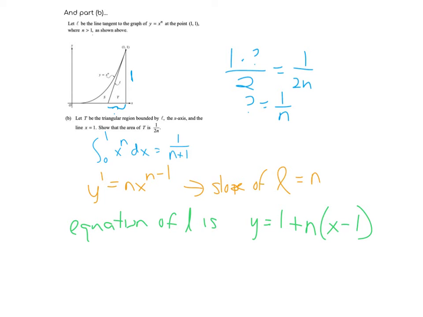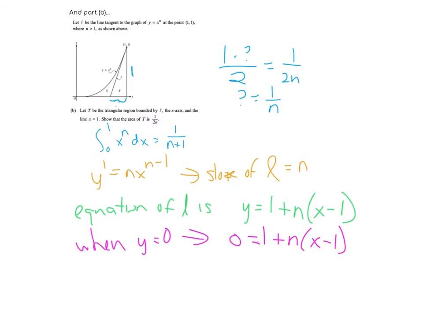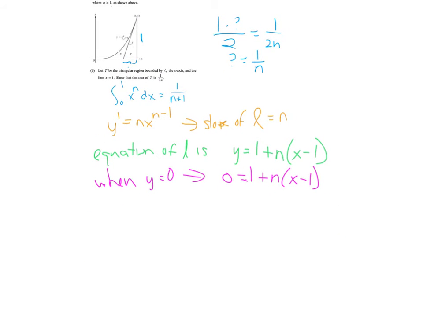So when y equals 0, 0 equals 1 plus n times x minus 1, let's go ahead and solve for x. And I'll slow play it a little bit so that you don't get confused. n times x minus 1. Divide by n. So negative 1 over n is x minus 1. So x is 1 minus 1 over n.